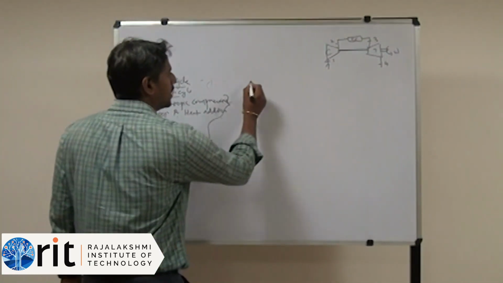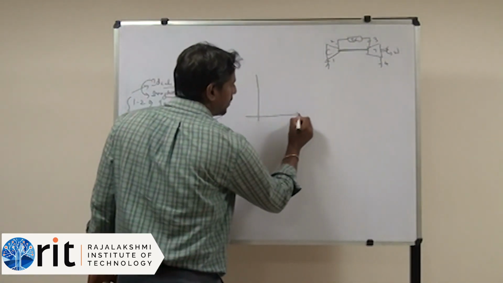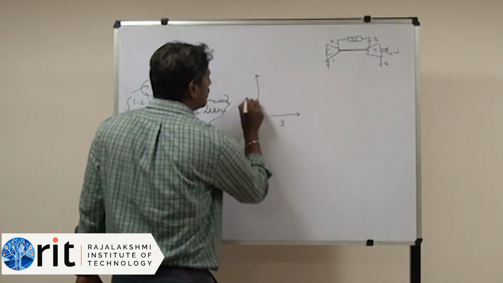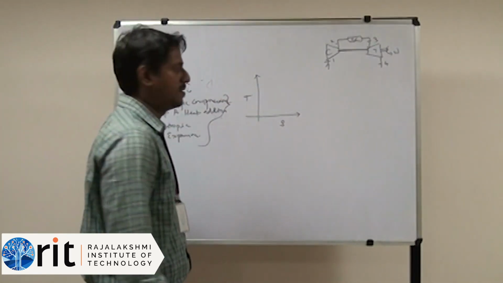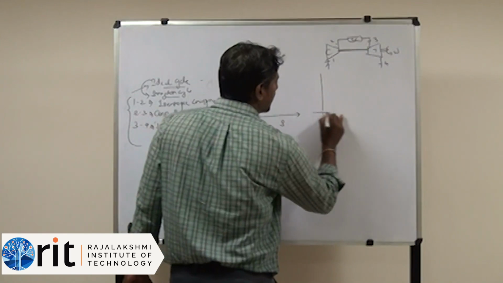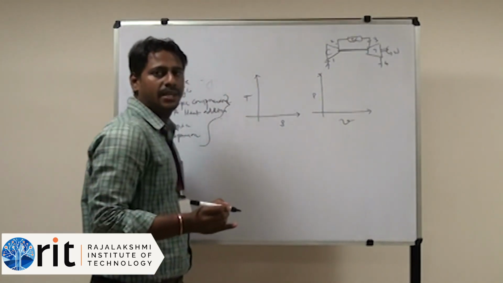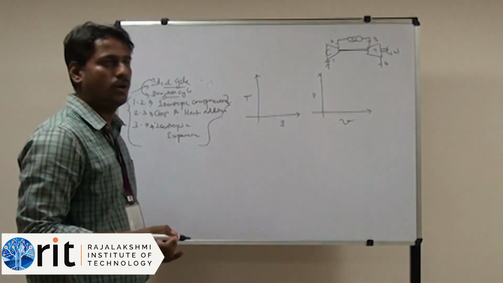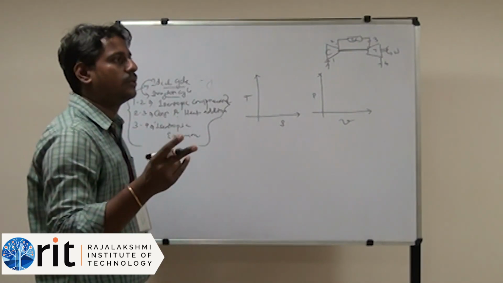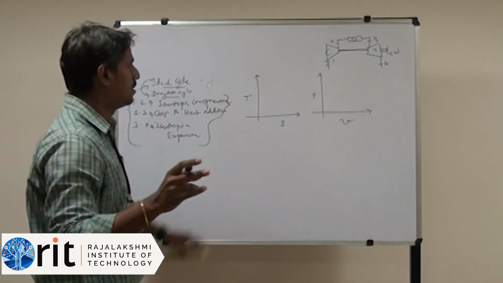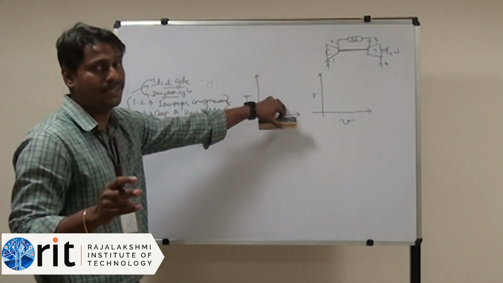First, keep it in mind, we are discussing only the ideal case. So the PV diagram and the TS diagram. In the Brayton cycle, ideal case or open cycle, there will be 2 constant pressure processes. First let me plot the TS diagram.